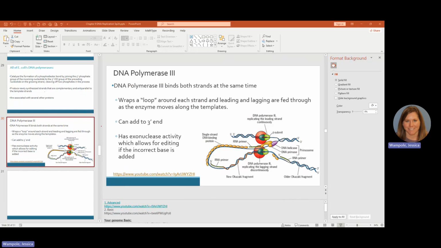We've got our fragments on the other one. So if we look back at our polarity of our molecule, we've got 5' here, 3' here, and then each one of these fragments are 5' to 3'.